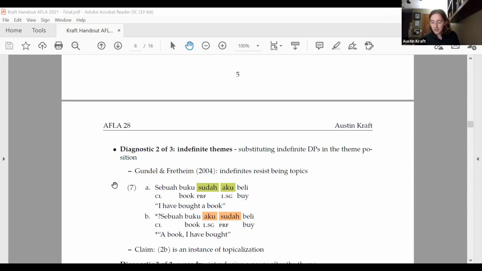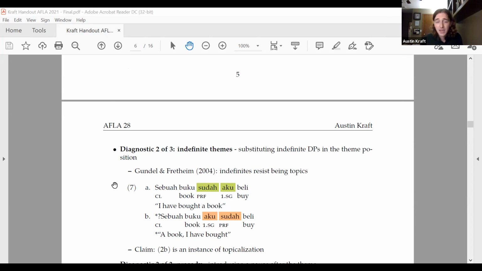And now we'll look to indefinite themes. You may recall from the previous block, with Hero's talk on object voice in Javanese, that the sensitivity to definiteness suggested that in the object voice in that variety of Javanese, the theme in object voice constructions occupied a topic position.